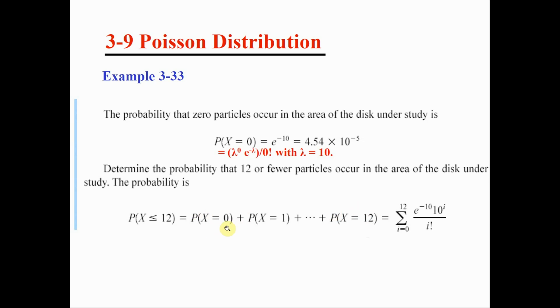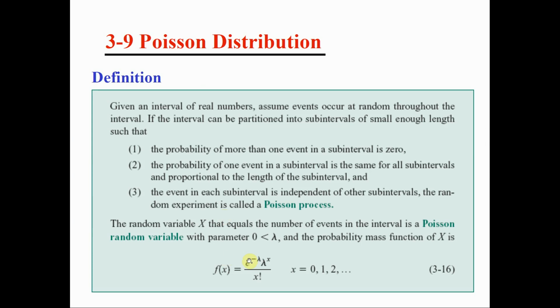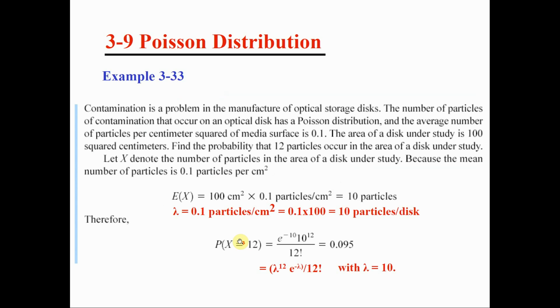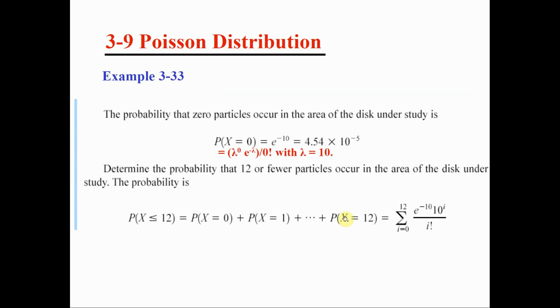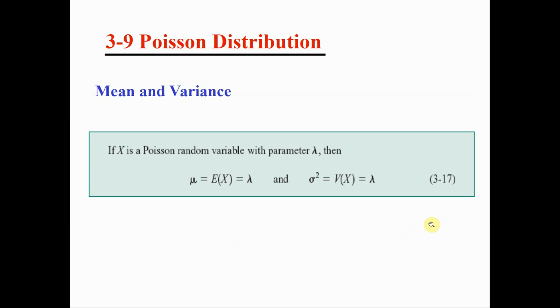And each one of these terms needs to be calculated using the Poisson formula. We substitute and then we add up the terms. If you will, this can be expressed as a summation from 0 until 12 of e to the power of minus 10, because lambda is 10, times 10 to the power of x, or i, so this is our variable, no problem, 10 to the power of i over i factorial. So it's really easy to calculate.